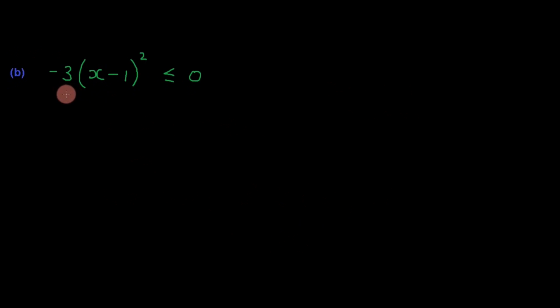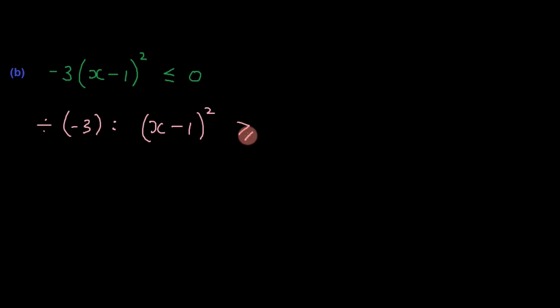So we have negative 3 times x minus 1 all squared must be less than or equal to 0. We can first get rid of the negative 3 in front of the brackets by dividing through by negative 3. So we get x minus 1 all squared. And when we divide an inequality through by a negative number, the inequality sign will switch around.